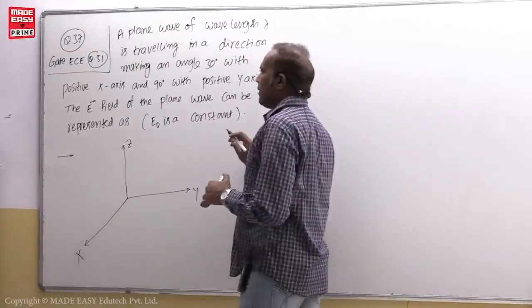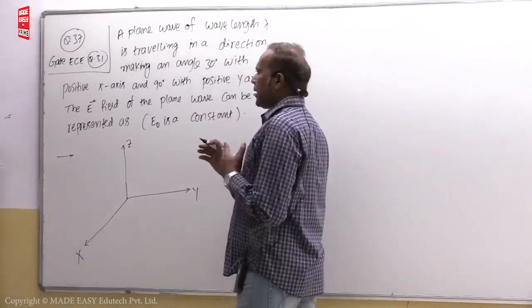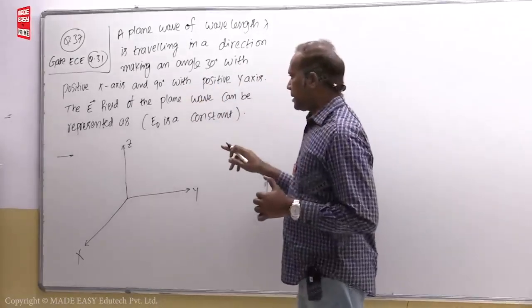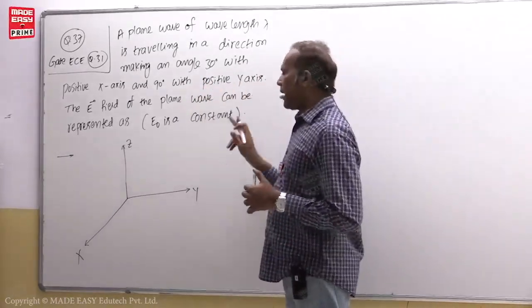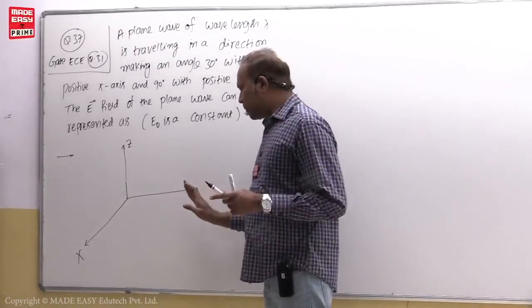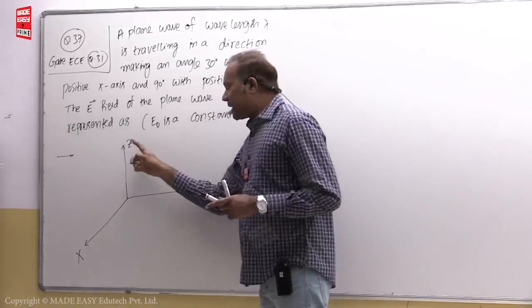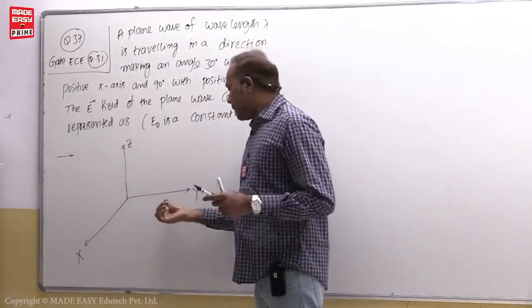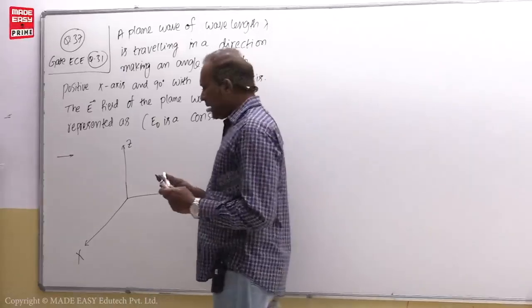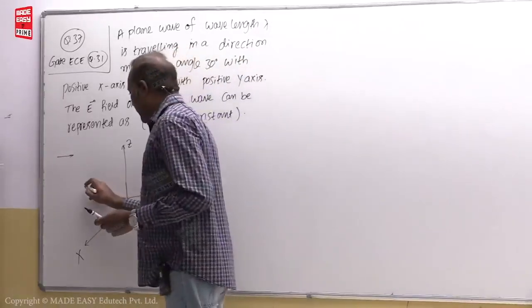That EM wave is traveling in some arbitrary direction, then that EM wave makes a 30 degrees angle with the x-axis and 90 degrees with the positive y-axis. See, if the EM wave makes 90 degrees with the positive y-axis, that means it is on the xz plane, because the y-axis is 90 degrees to the xz plane. That means that EM wave is on the xz plane.